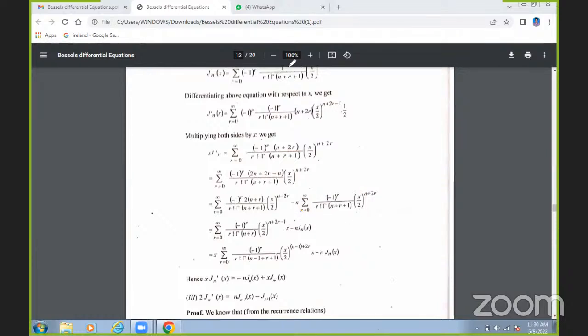So after writing this, we are going to get this term, which we write in this form: (x by 2) to the power of n minus 1 plus 2r.